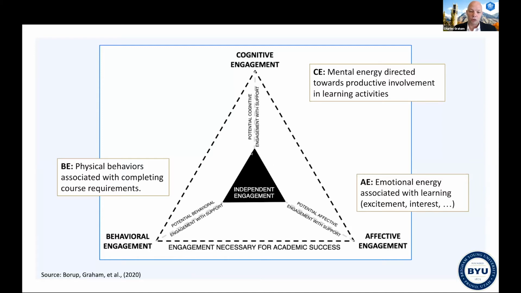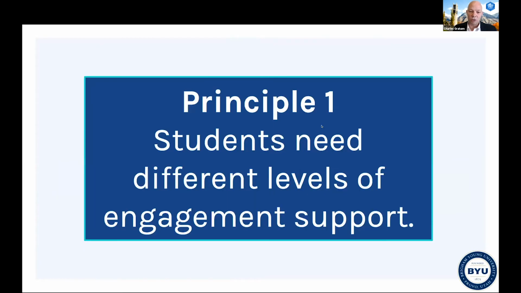For most students, their ability to engage independently is less than what is needed for them to actually have academic success. So I'm going to share 3 principles with you, and then share some other examples too. Principle 1 is that students need different levels of engagement support.